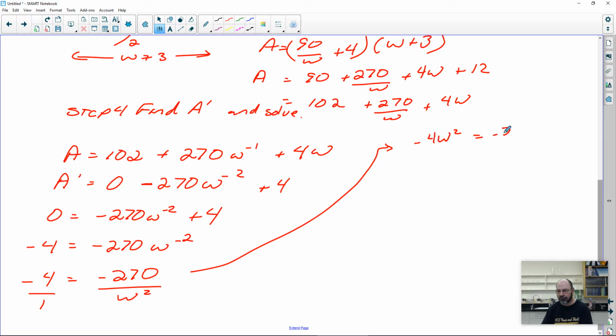equals -270. Okay, so now we divide -4 on both sides. -4 into -270, I think that's about 67.5, but let's check. Certainly is.